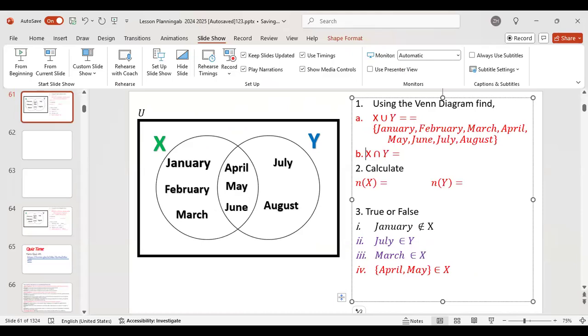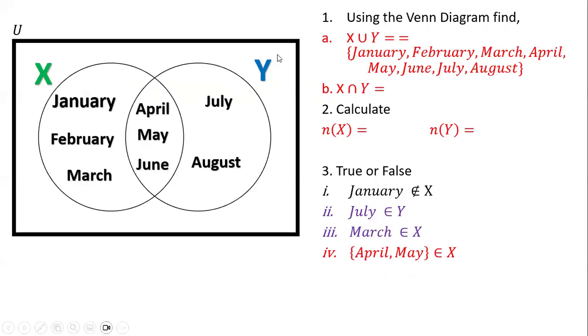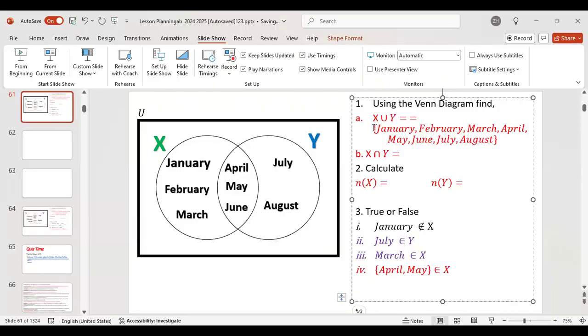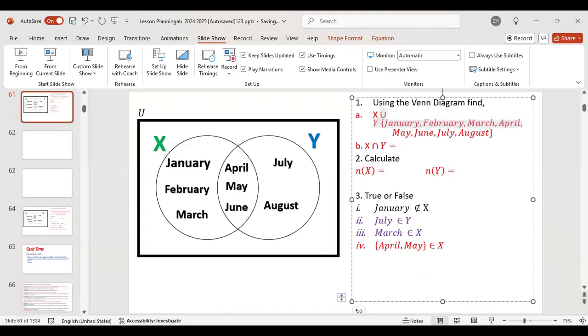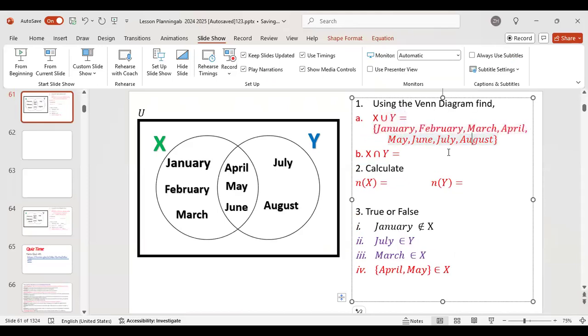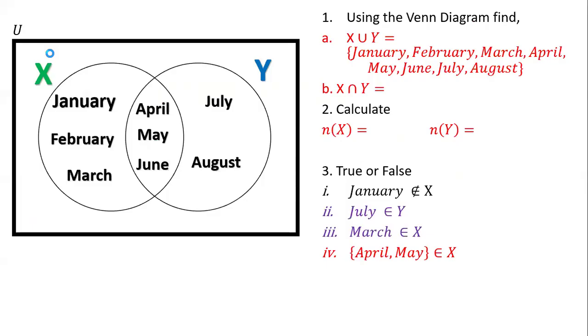Now after that, we want to get the intersection. Now we want the intersection of A and B. And to get the intersection, Israel was going to be in the intersection.